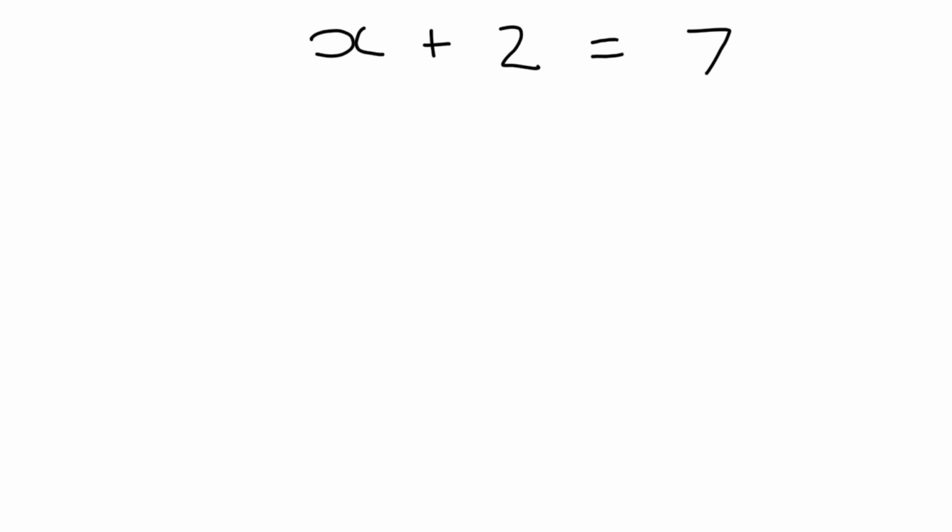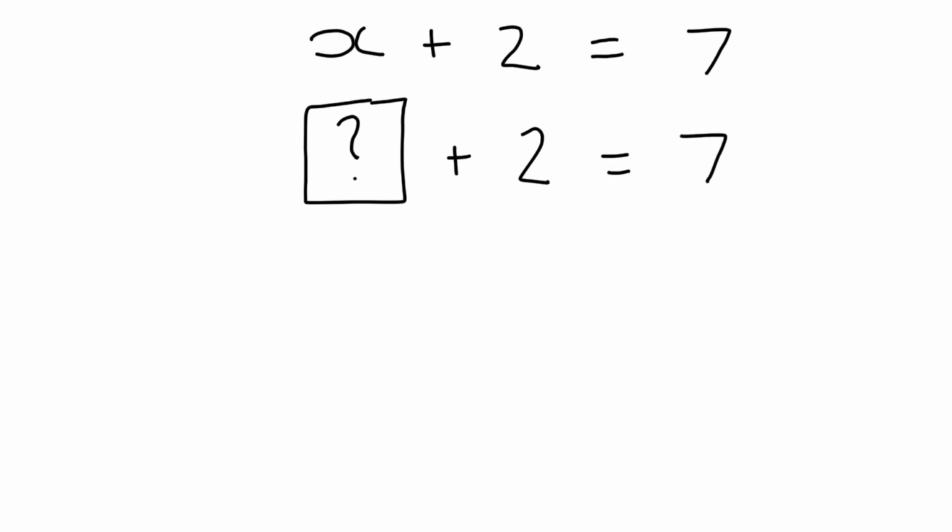Now, you've probably done this in elementary school, only back then maybe they did something like this where there was an unknown number where we're going to add 2 and it's going to equal 7, and you have to figure out, okay, what is that question mark? What is that missing number?